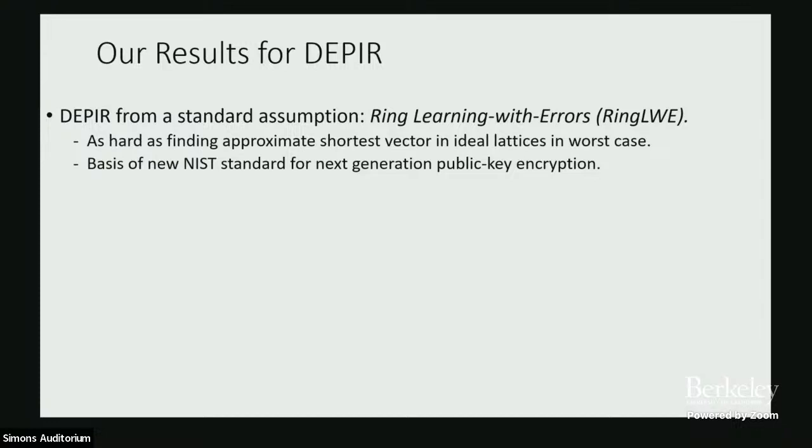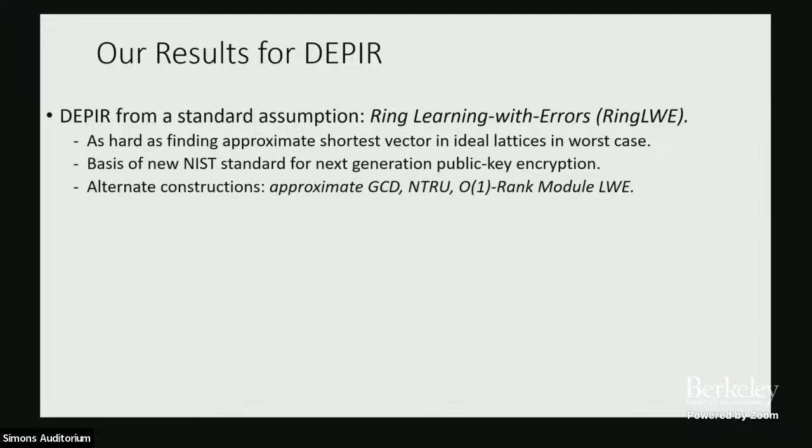And it's the basis of the new NIST standard for the next generation of post-quantum public key crypto. So it's not just us betting on this assumption, NIST is betting the US economy on this assumption as well. For those who care, we do have some alternate constructions under related but slightly different assumptions, namely approximate greatest common divisor, approximate GCD, and constant rank module LWE.